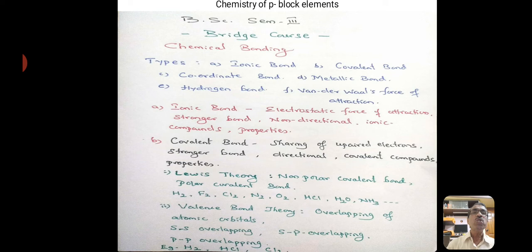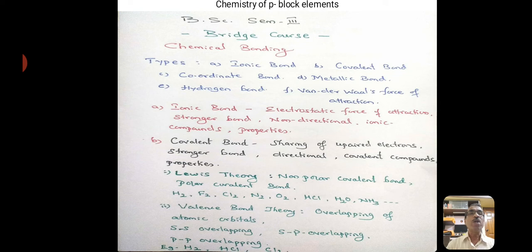Now, the ionic bond, as you studied in the previous semester, is a sort of electrostatic force of attraction between two ions of opposite charge. It is a stronger bond and it is a non-directional bond. It does not have any direction.